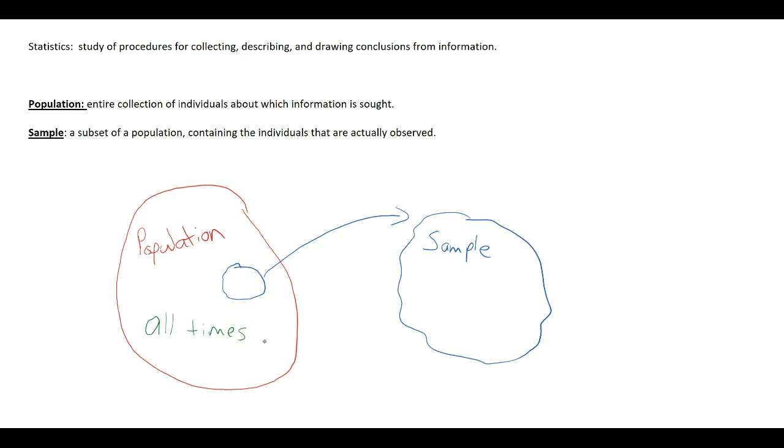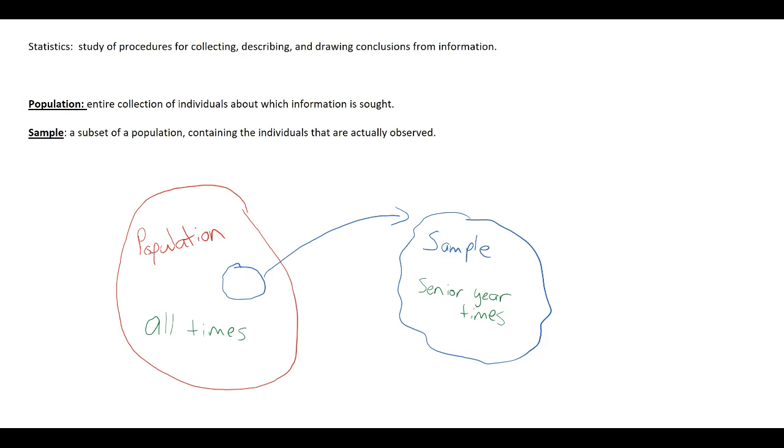Okay, my sample might only be my senior year times, because that is a smaller portion of all of my times.